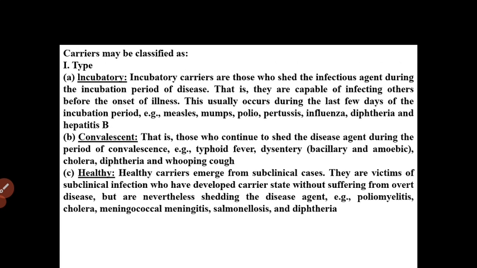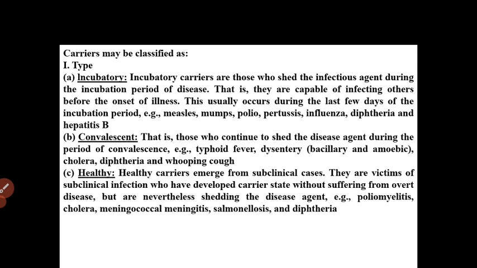What is convalescent? Those who continue to shed the disease agent during the period of convalescence. Example, typhoid fever, dysentery, cholera, diphtheria, and whooping cough. Now, healthy carriers emerge from subclinical cases.